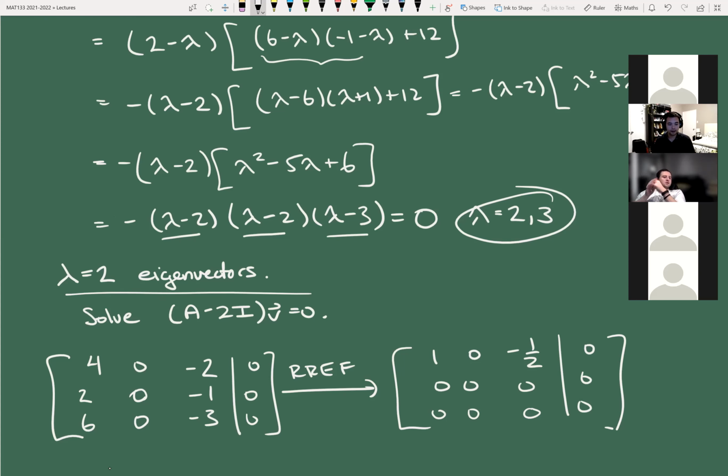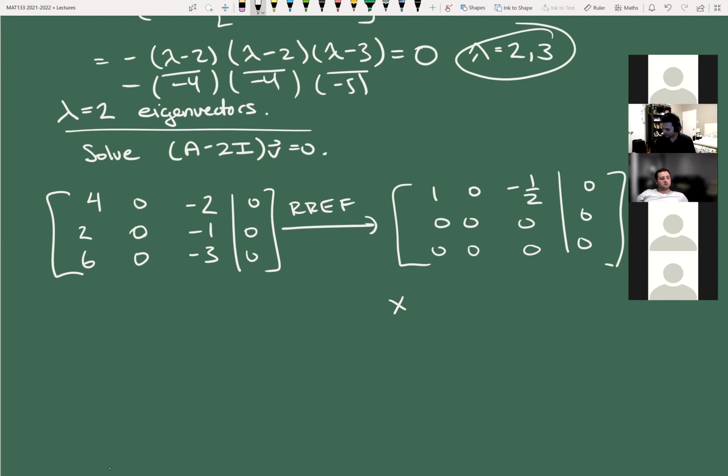This number is 0 if and only if one of the terms is 0. If you plug lambda equals -2 into this, you would get -4, -4, -5. That's not 0, right? So I need a lambda plus 2 for that to work.